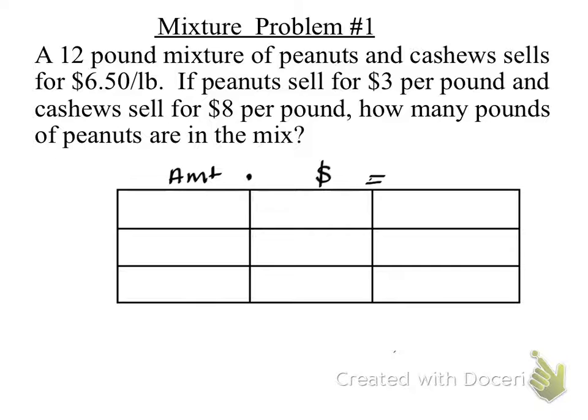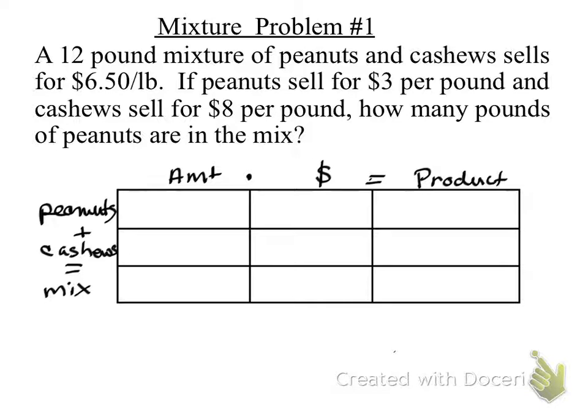This time it's money, equal to the product, because it's dollars times a quantity. $5 it's 1, $10 it's 2, $15 it's 3. And we are comparing peanuts and cashews. And this would be the mixture.